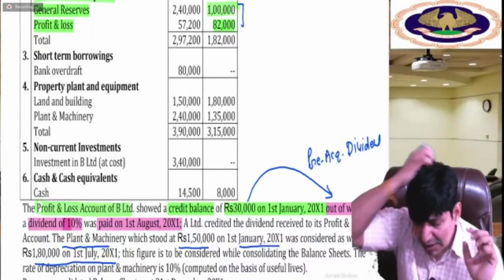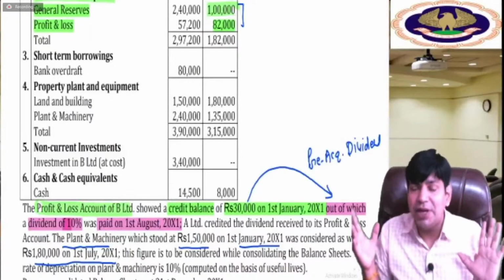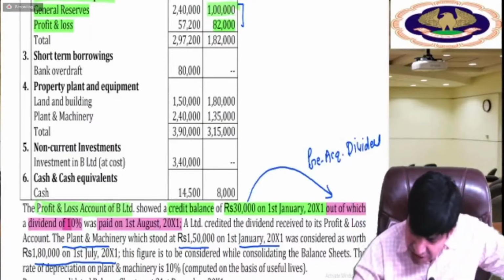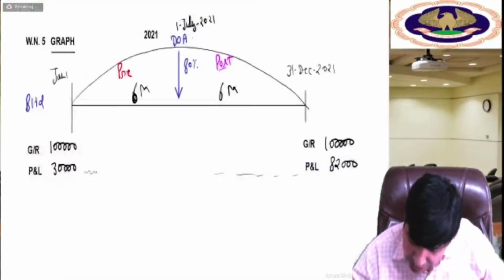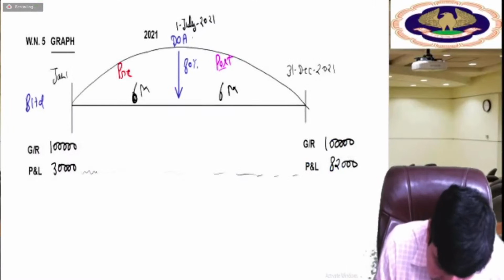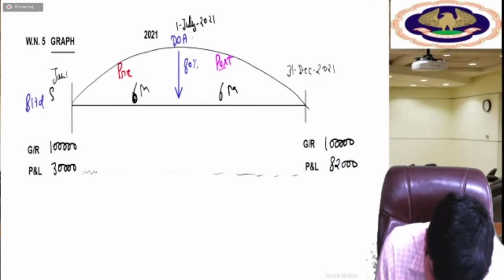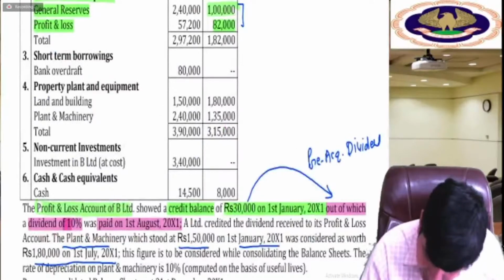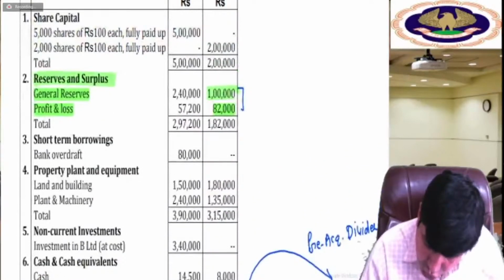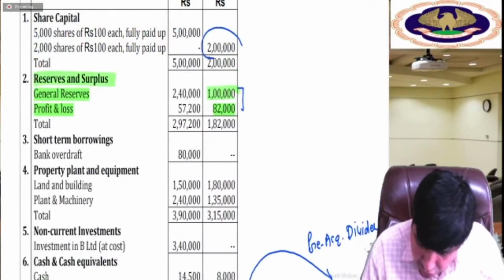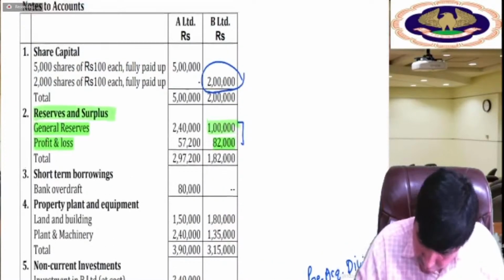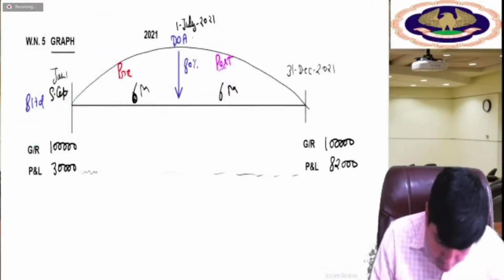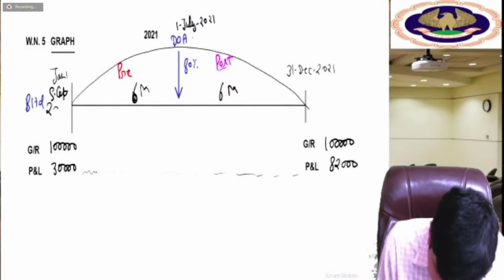So is there any further change in the share capital? No, there is no change. It means the share capital which is in the balance sheet is still the same. So I am writing here share capital. How much is share capital, beta? You have already covered. Share capital is 2 lakh. So it means 2 lakh rupees is share capital.